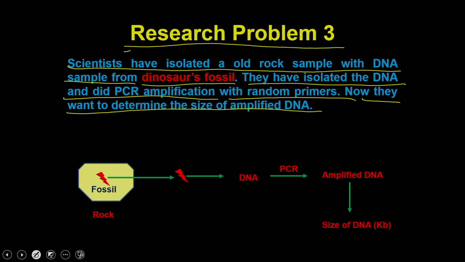So, what they have done is they have isolated an old rock, and that old rock was containing a small dinosaur fossil. They isolated this particular fossil, and with the help of some advanced techniques, they could isolate a very small fragment of the DNA.